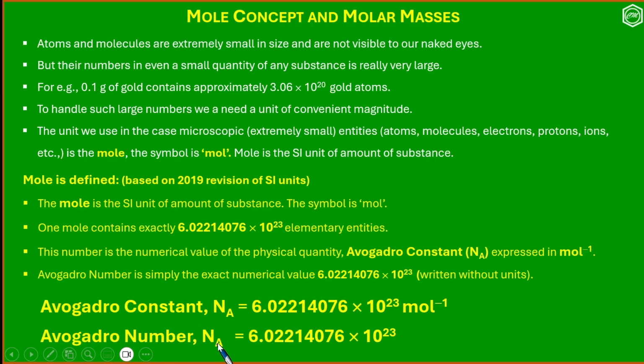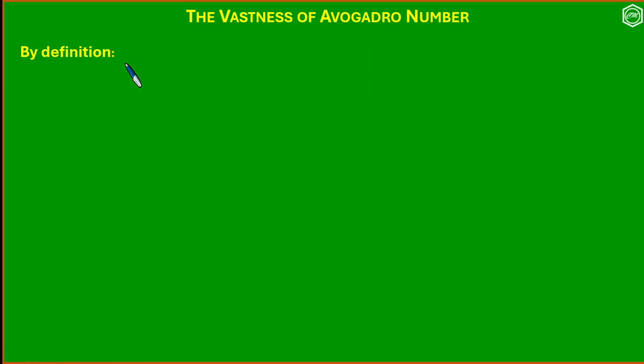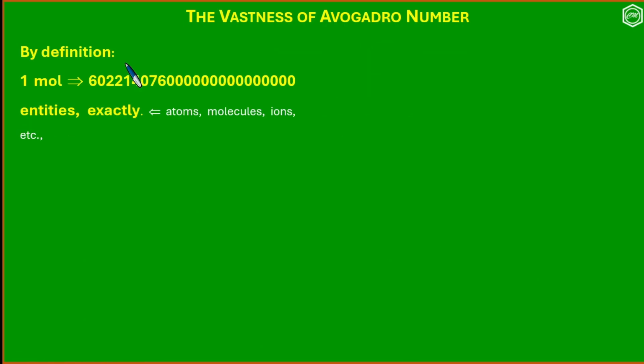Avogadro number, the same symbol Na, 6.02214,076 into 10 raised to 23, written without unit. As discussed previously, 1 mole is a quantity containing as many as this much entities.